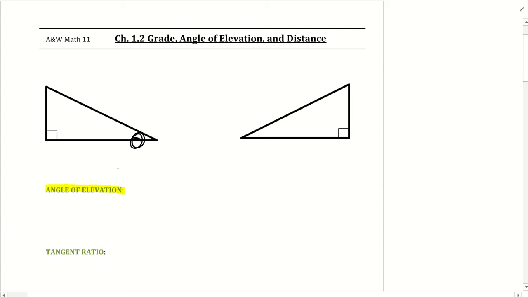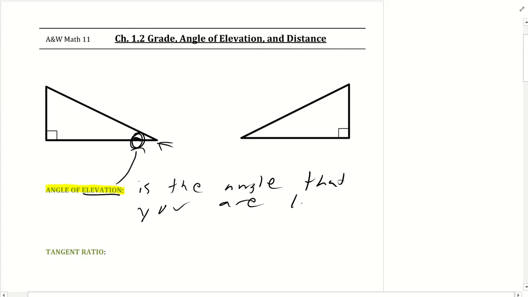So that's called theta. And what angle of elevation is, it's basically you're looking up from the base up to the top. So this is your angle of elevation. Think about elevation, that you're going up. So the angle of elevation is the angle that you are looking up from the base.